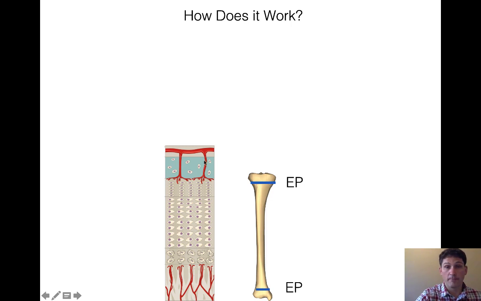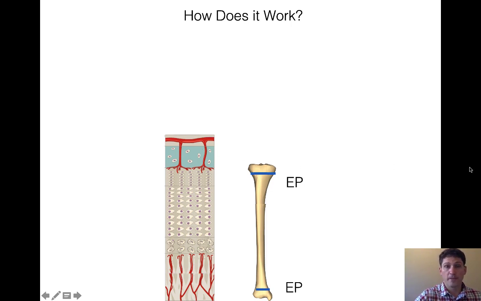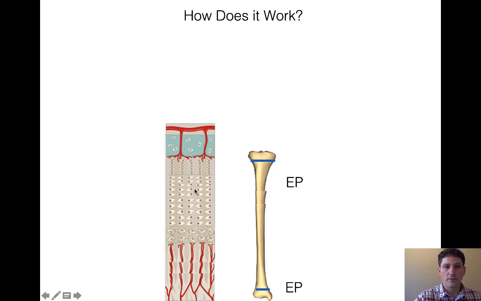As I skip through, we can see that our zone of ossification has gotten longer down here, but we have just moved up, and our bone is now a little bit longer right here. If we continue through another phase, we're adding bone at the bottom, and all of these zones are moving up. So we're adding cartilage up here, and we're adding bone below.